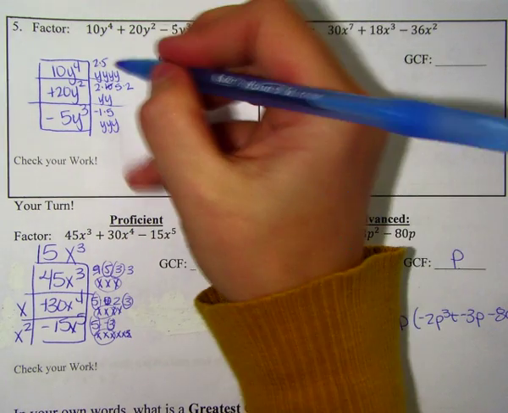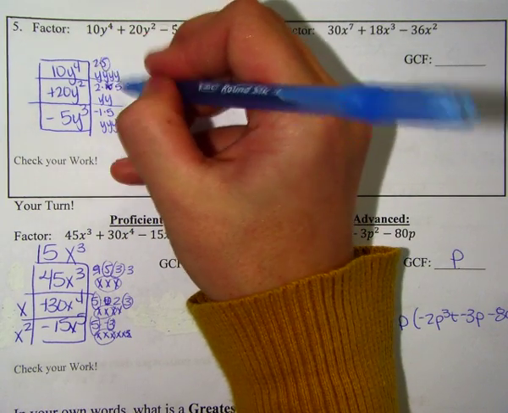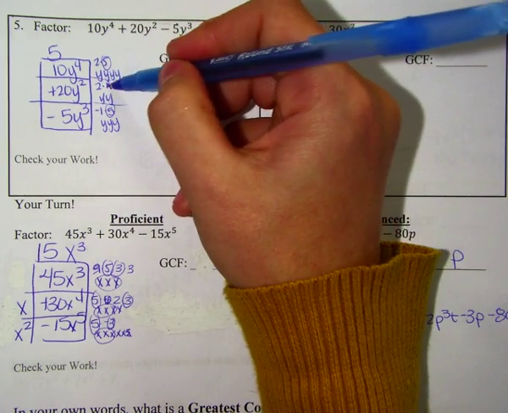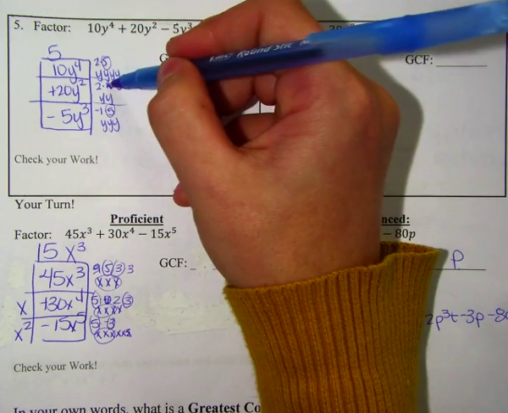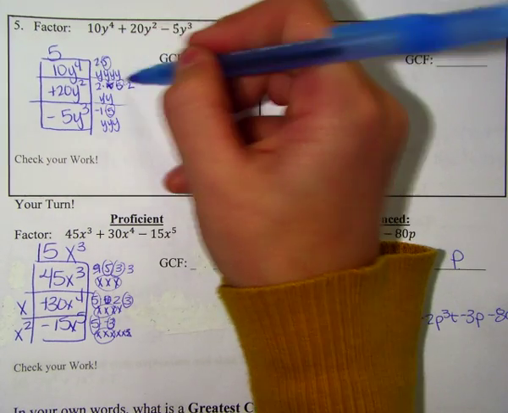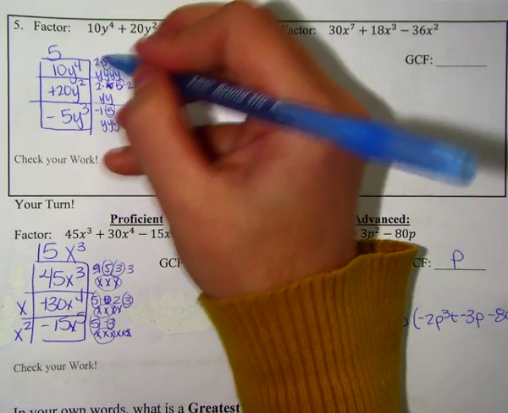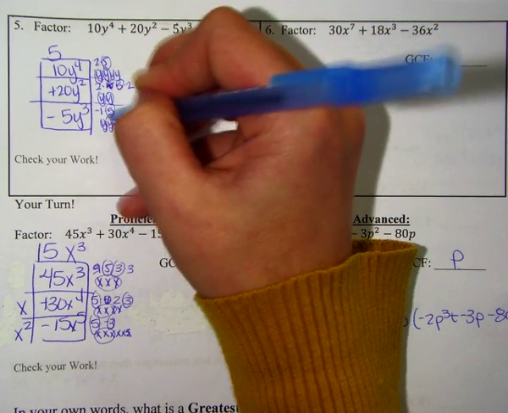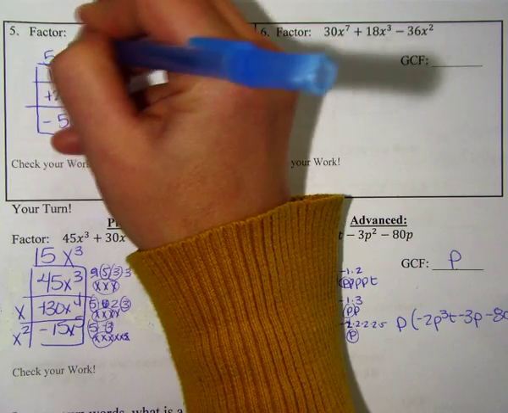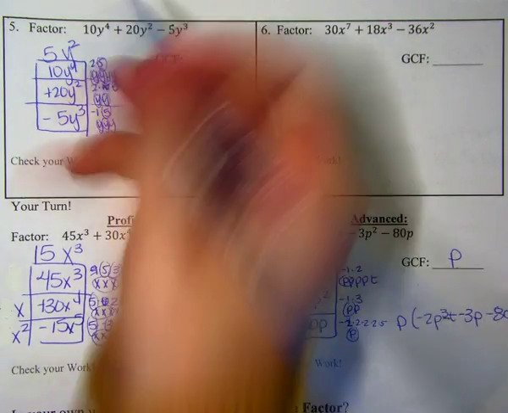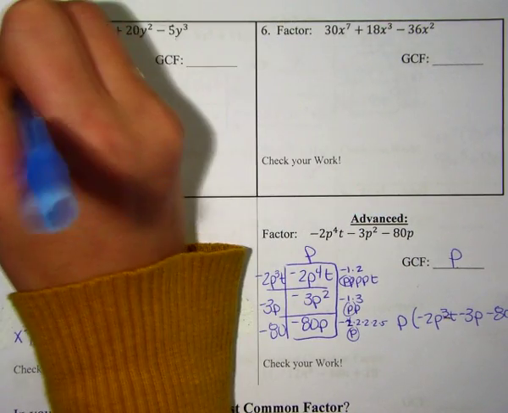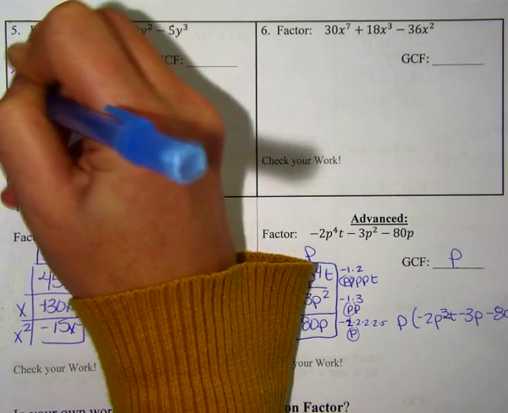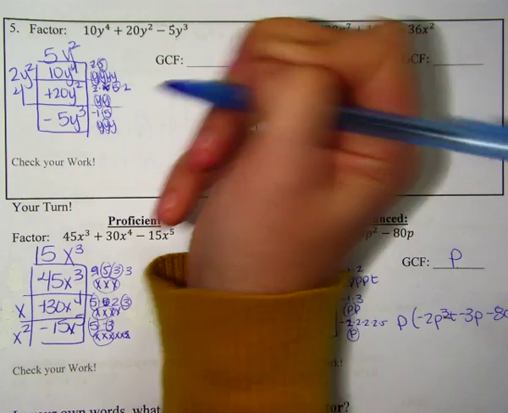So the largest number that's common in all of these lists is 5. So it's a good thing I broke down that 10. The 10 was in these 2 lists, technically, but 5 is in all 3. And then all of them have 2 y's, so y squared. The top box is left with 2y squared. Then 2 times 2, which is 4. No y's left.